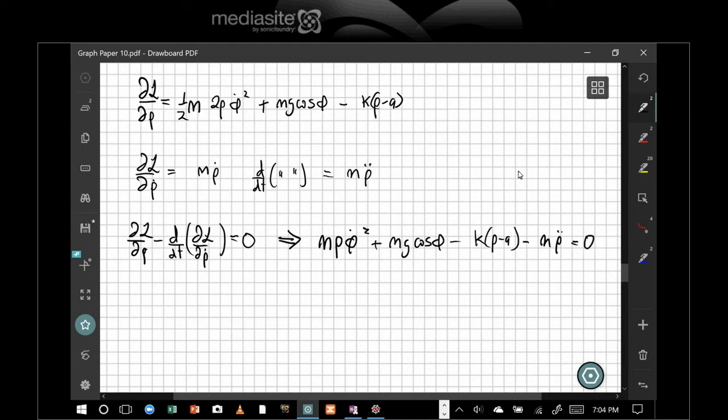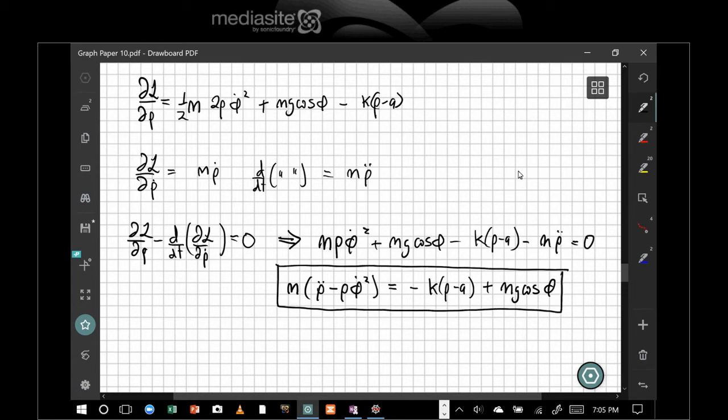Now I'm going to rewrite the equation this way: rho double dot minus rho phi dot squared, from that first term, is equal to minus k rho minus alpha, plus mg cosine phi. That's my equation of motion.